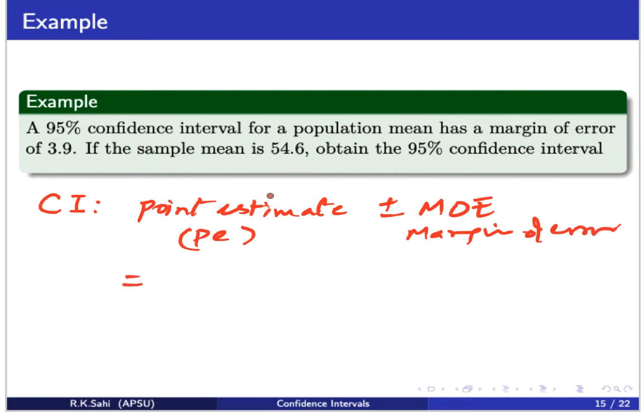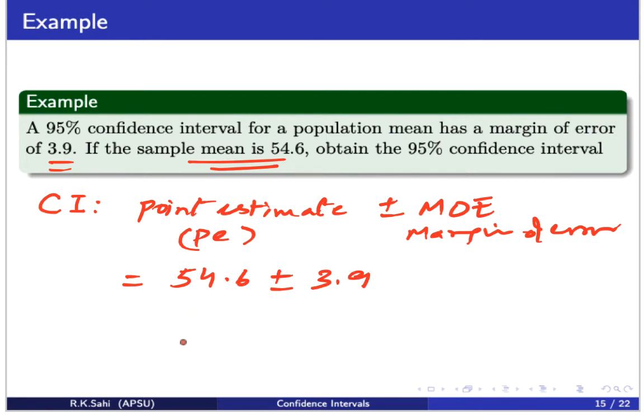So what is the point estimate? Here we're talking of a population mean. It says a population mean has a margin of error of 3.9, with a sample mean of 54.6. So the sample mean is the point estimate, and the margin of error is 3.9. Remember, it's a mean, it's numbers, no percentages.